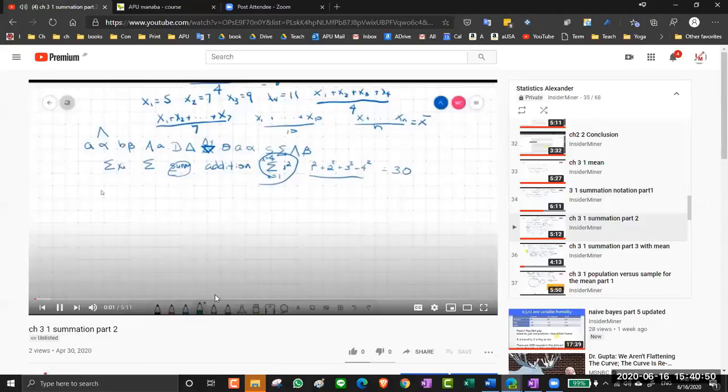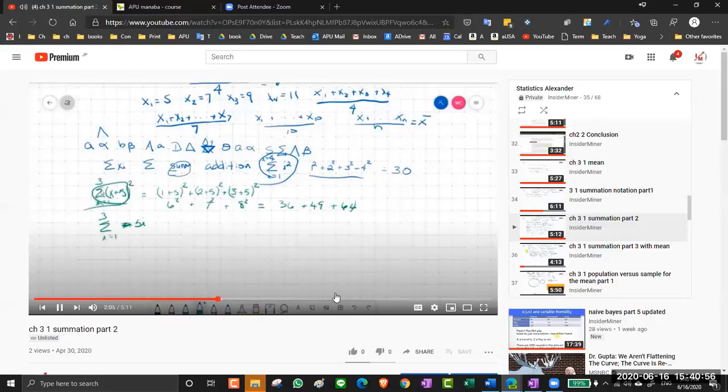Okay, let's try another sigma with a different color. I put in i equals 1, so I get 5. It's going to be product.